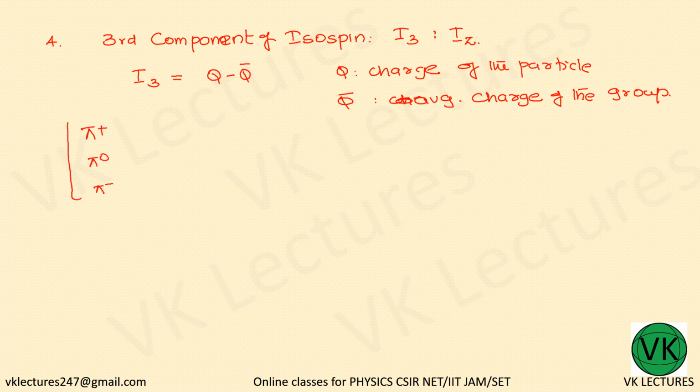Now in this we know the isospin is equal to (n minus 1) by 2, so that's equal to 1. That means pi plus, pi naught and pi minus have the isospin equal to 1. Then let us take I3 of pi naught.